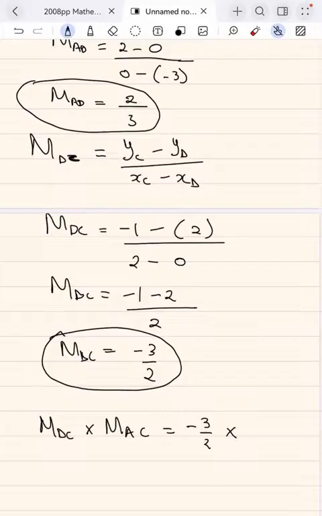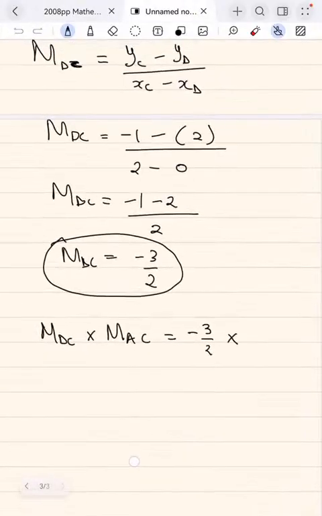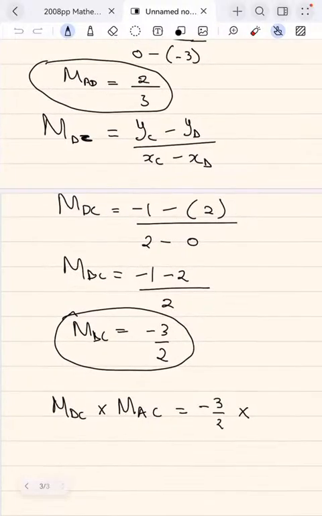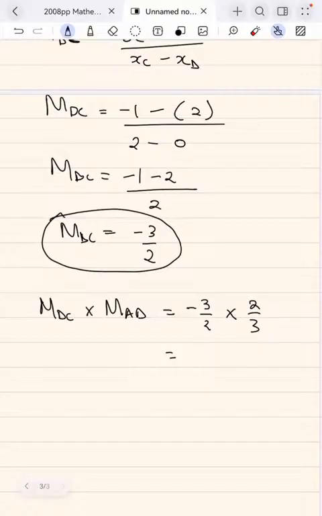MAD. What is it? It's AD. This one is D. Apologies, this one is D. Right? And then MAD is 2 over 3. These two are going to make negative 1.